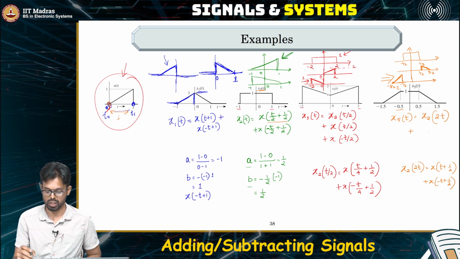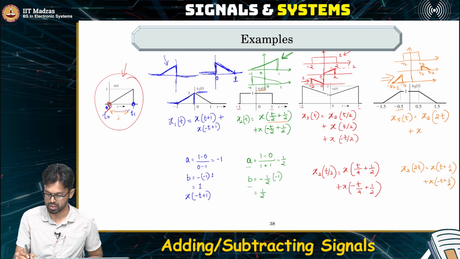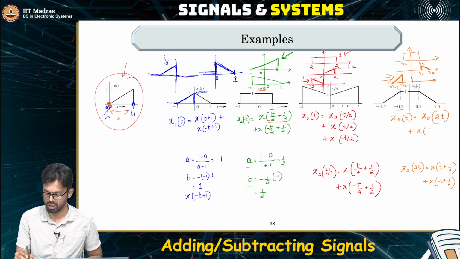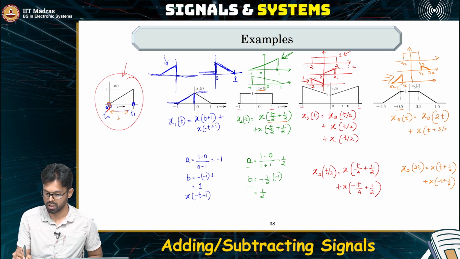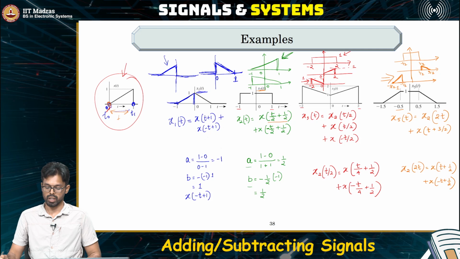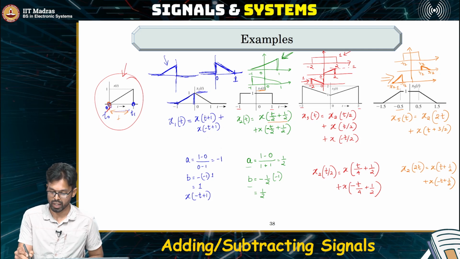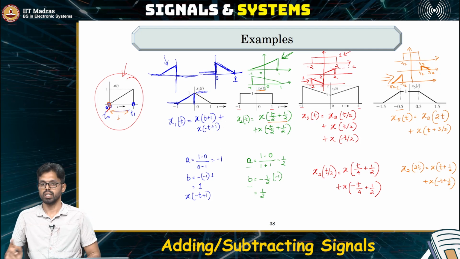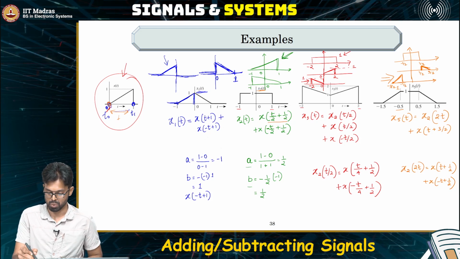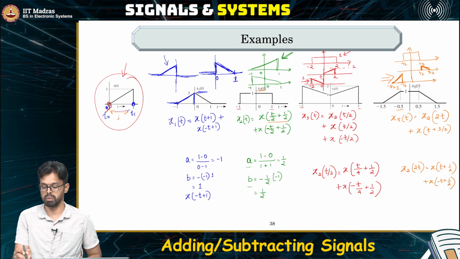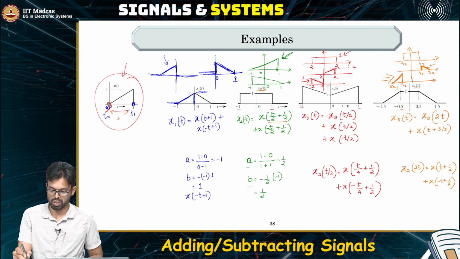So this is as good as saying this is x of t plus 3 by 2. Okay, and then how do you get this component? Keep in mind it's just the time reversal. So you just reverse whatever is here in time, and you would get the component you're looking for.